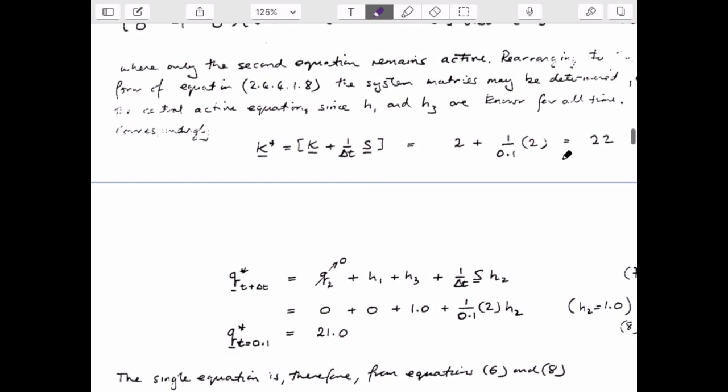If you solve a structural dynamics problem, you end up solving a system of equations that looks like this. That force is equal to mass times acceleration plus damping times velocity plus stiffness times displacement.